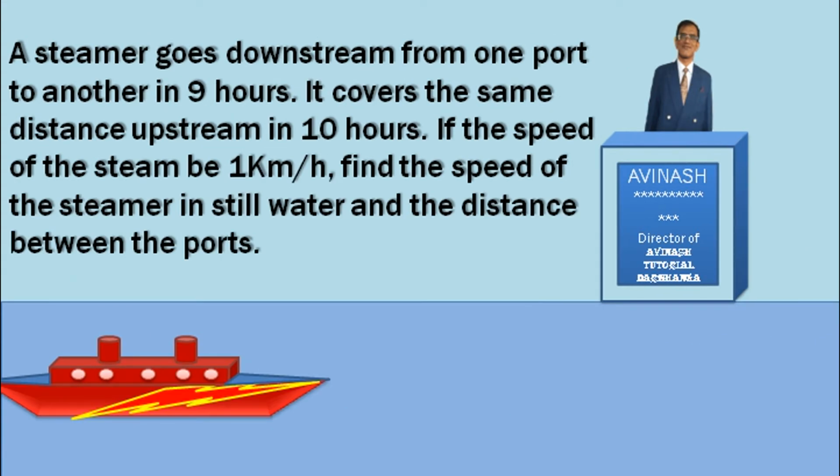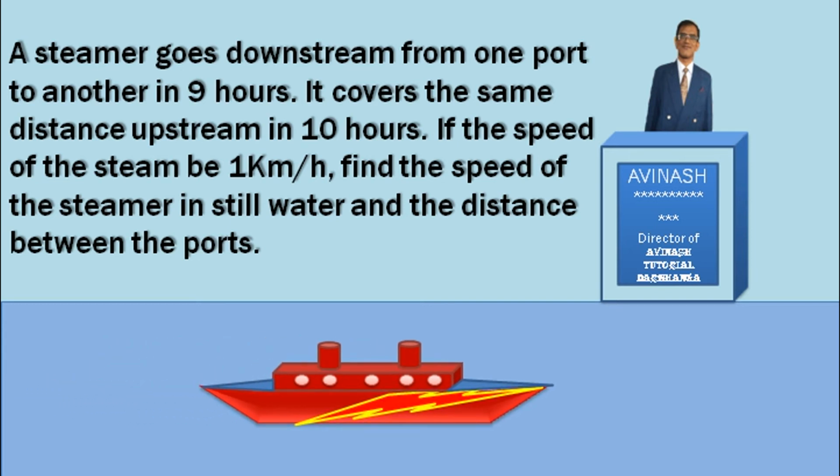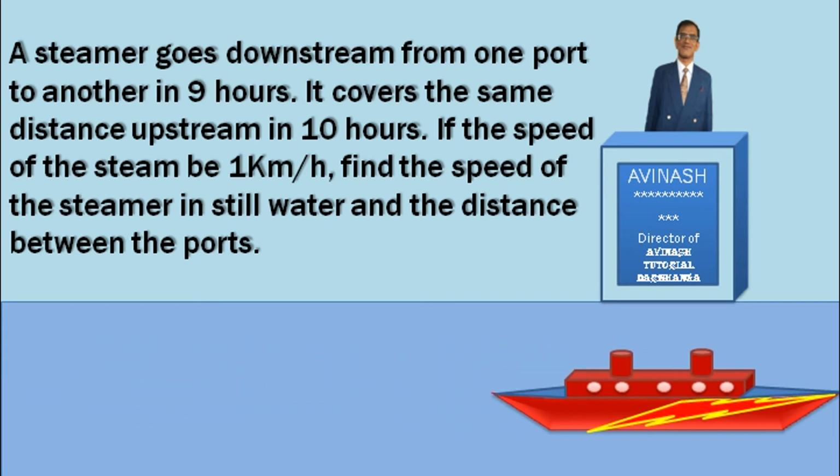Now let us see what the third line says. If the speed of the stream be 1 kilometer per hour, find the speed of the steamer in still water. So it has been said that the water is flowing at the rate of 1 kilometer per hour, and what we will have to find? We will have to find the speed of this steamer in still water.